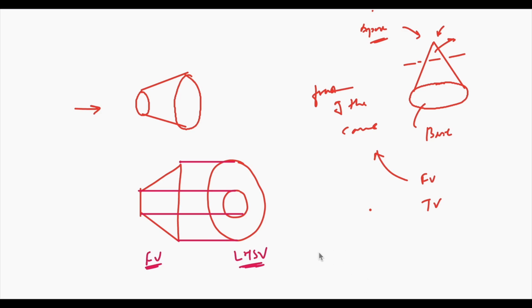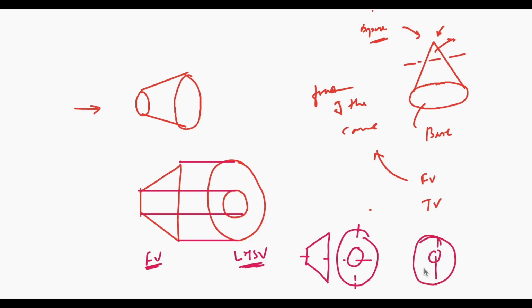For example, if I place this trapezium at the left and these two concentric circles on the right, whereas if I place these two concentric circles on the left and this trapezium on the right, this is the front view, this is the left hand side view.